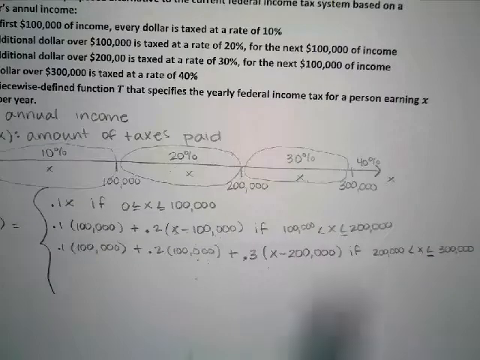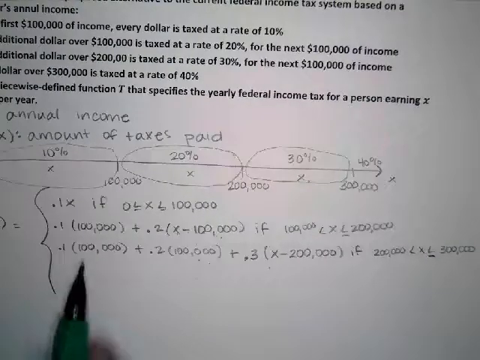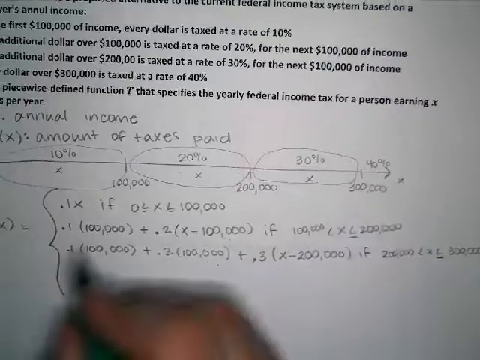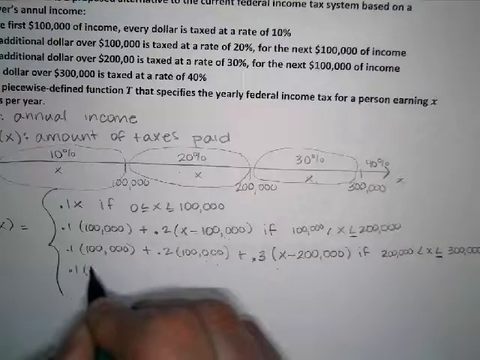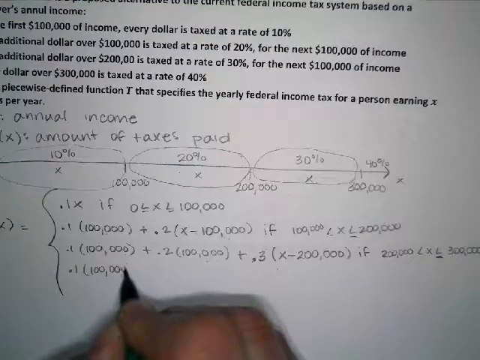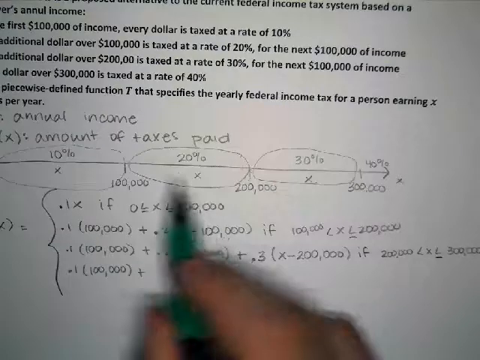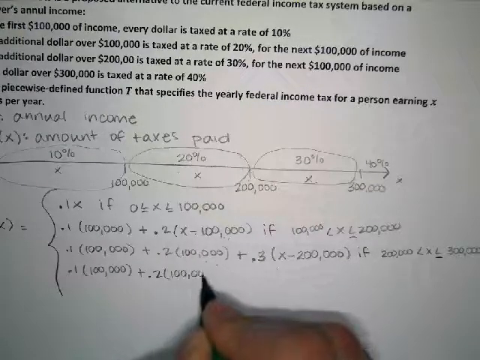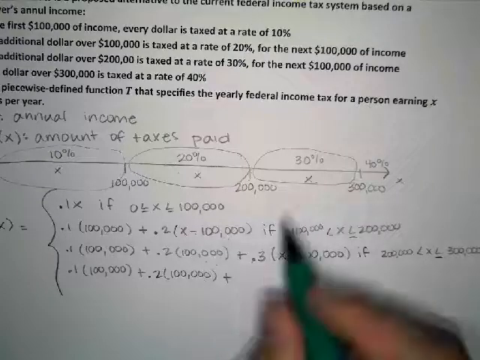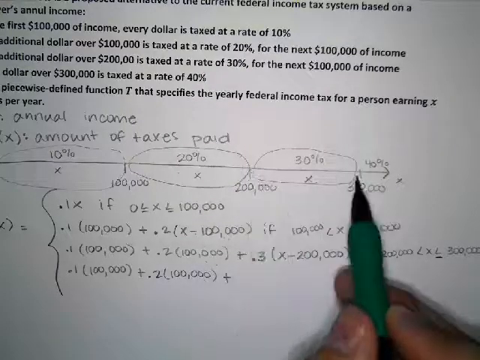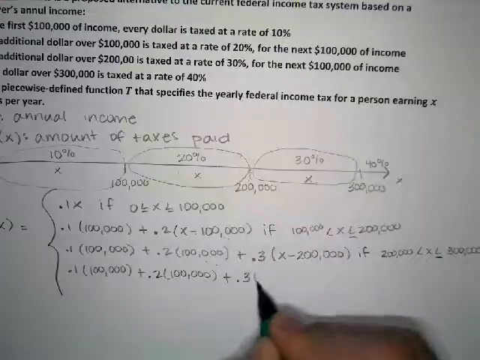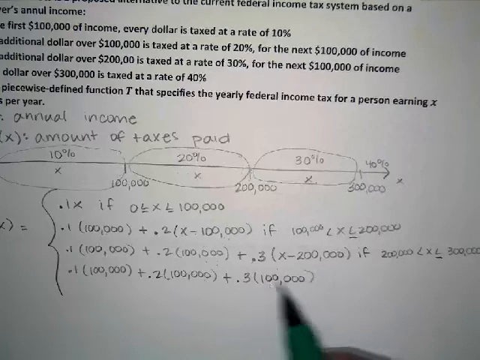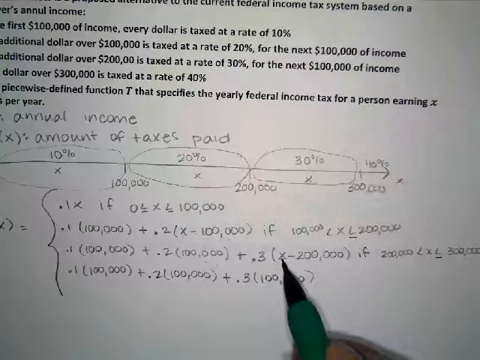With this one, to have gotten to this last bracket, we must have made $100,000 and paid 10% on it. We must have made our second $100,000 and paid 20% on it. We must have made our third $100,000 and paid 30% on it. The way that we got this third $100,000 is we plugged in 300,000 minus 200,000.